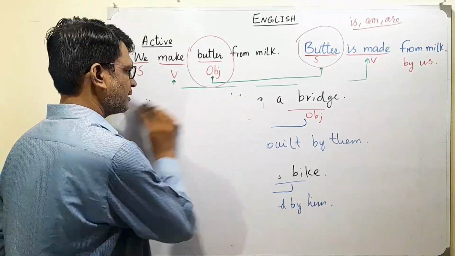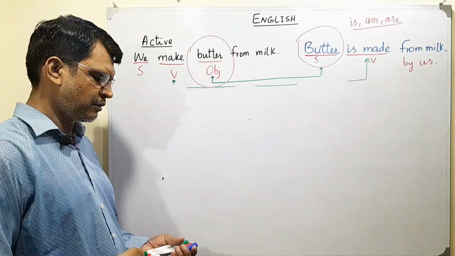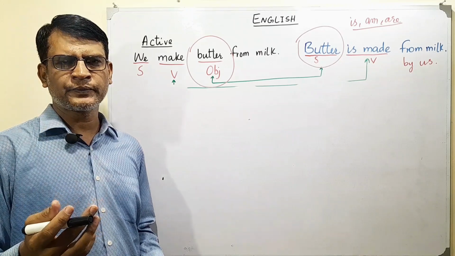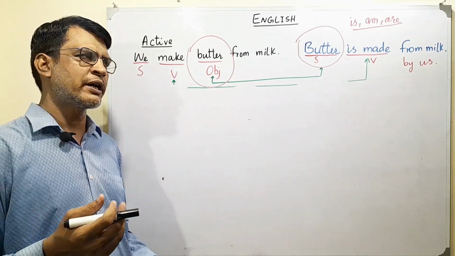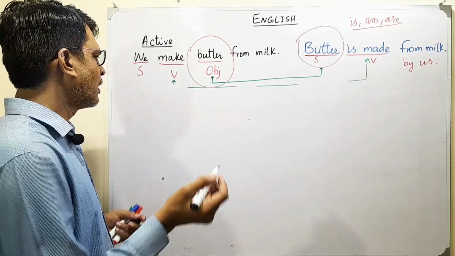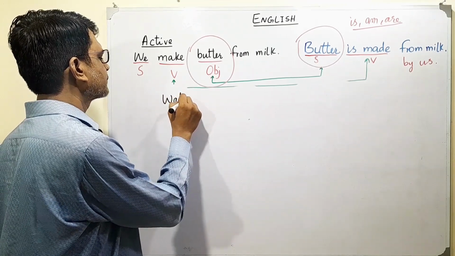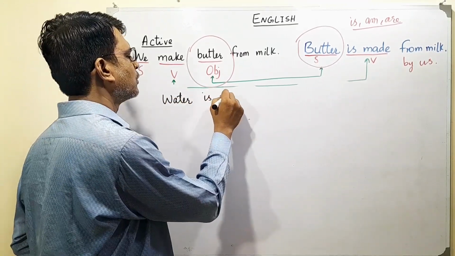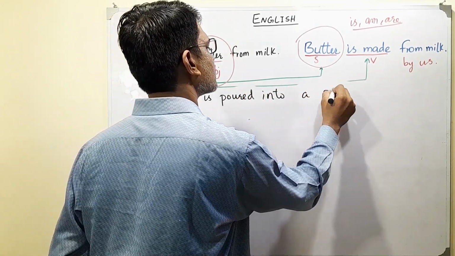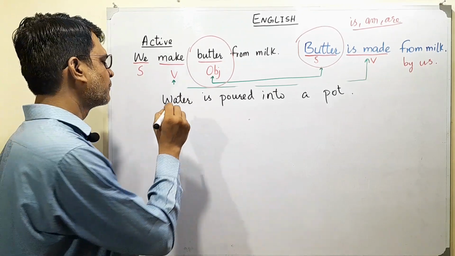The last thing is that we also use passive when we talk about a process. Okay, for example, you want to make a cup of coffee. Or you want to make a cup of tea. It's a process. To make a cup of tea, what do we do? We say that, for example, water is poured into a pot. Okay, that is the first thing that you do.